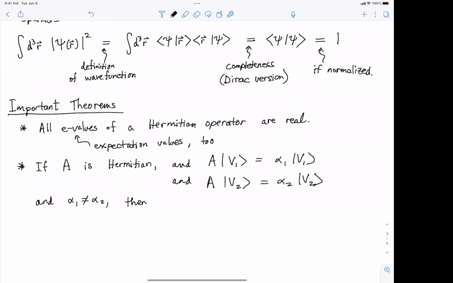Then the 2 kets have to be orthogonal, which means their inner product has to be 0. We often use this because we'll identify some operator, figure out its eigenvalues, and then any 2 of the eigenvectors corresponding to different eigenvalues have to be orthogonal.